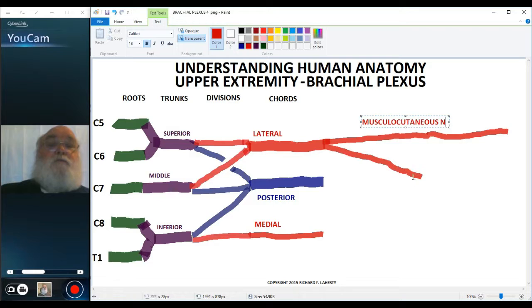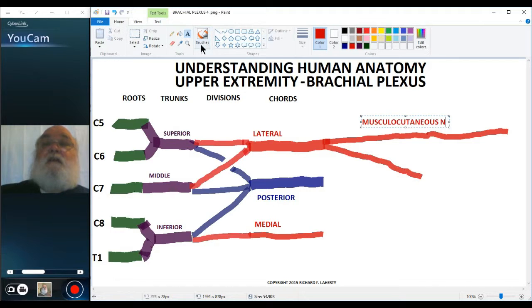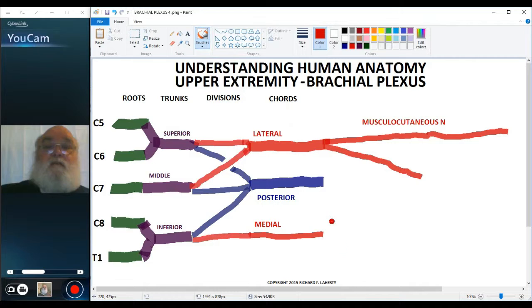The other branch we're not going to bother naming. Then we can go back to the medial cord. We're going to find that it behaves similarly.